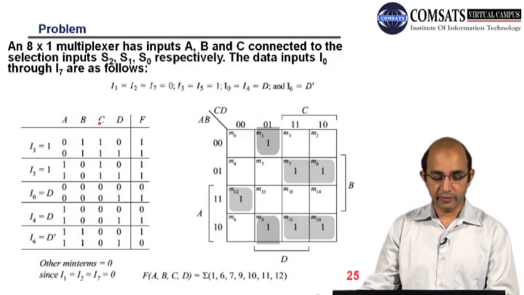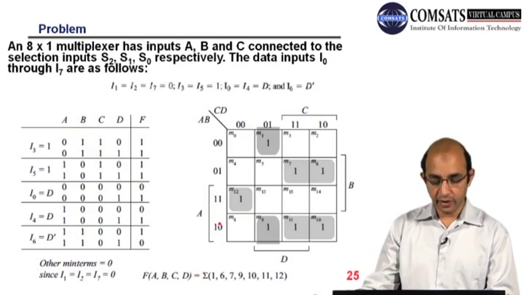So here for I3 is equal to 1, we have those combinations for A, B, C, D, and we have output F is 1. For I5 is equal to 1, we have those combinations, and F is equal to 1, for I0, and so on. So we can summarize that other minterms are zeros.